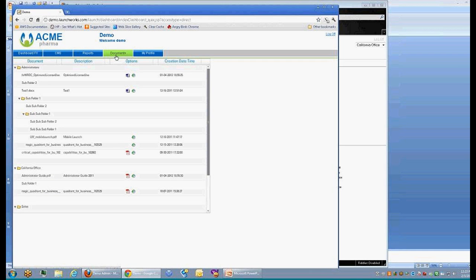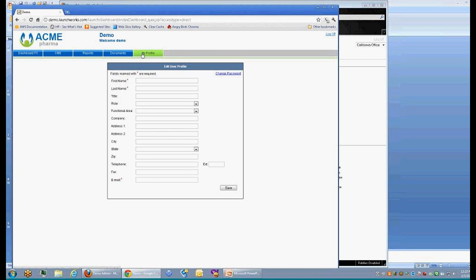So within these systems, you also have static information. That could be in the form of a PDF, a newsletter, could be an annual report. It could be other content that you want to make available through that portal. And then, of course, the normal self-service capabilities you would have for that user to manage their passwords, to keep their contact information up to date.